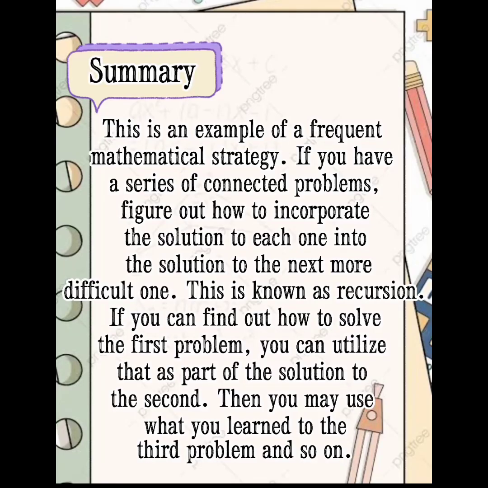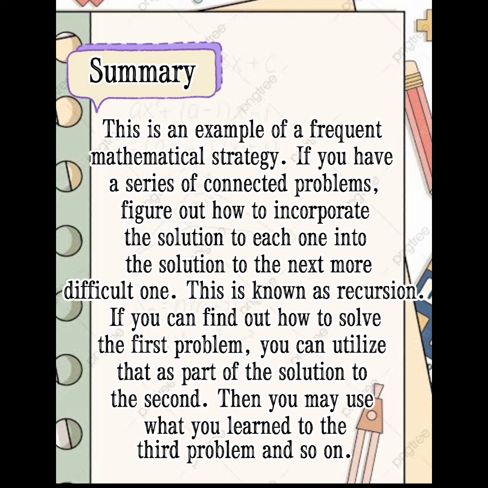This is an example of a frequent mathematical strategy. If you have a series of connected problems, figure out how to incorporate the solution to each one into the solution to the next more difficult one. This is known as recursion. If you can find out how to solve the first problem, you can utilize that as part of the solution to the second.